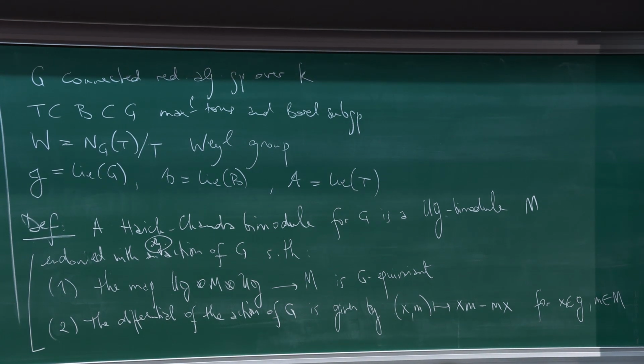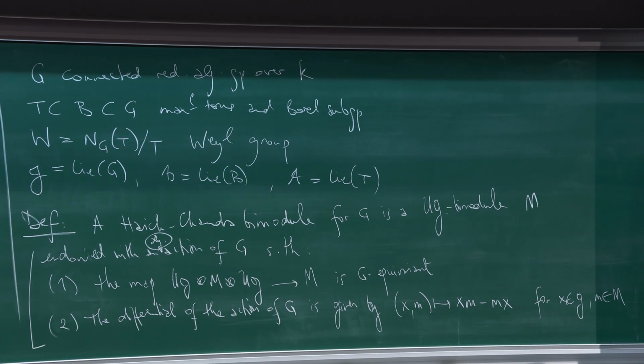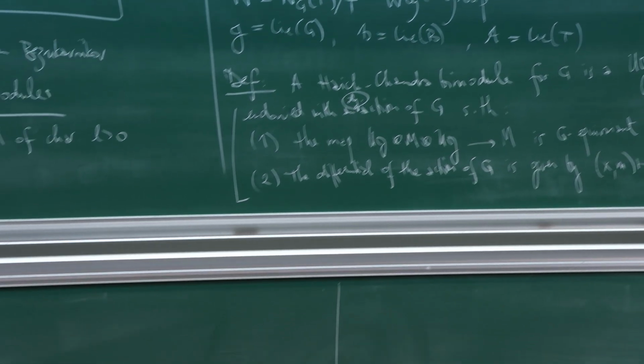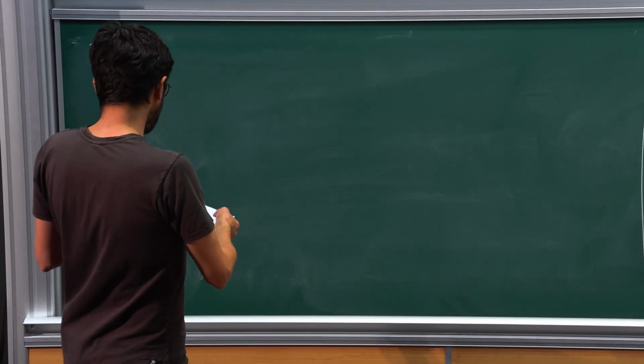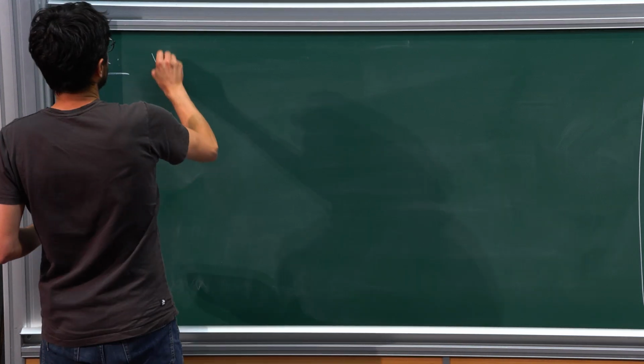And so there are some natural examples of such bimodules that we can get if we start with a representation of the group.